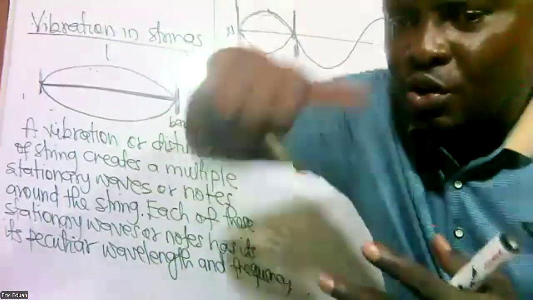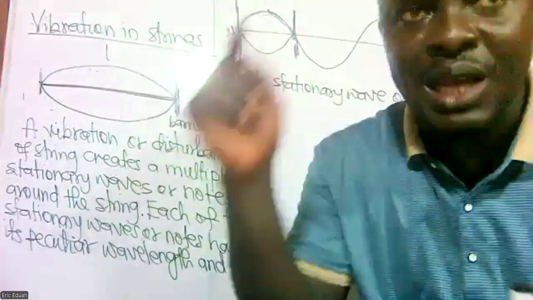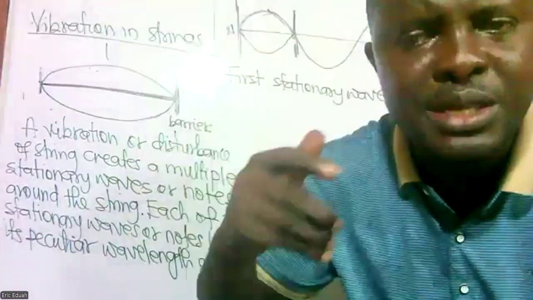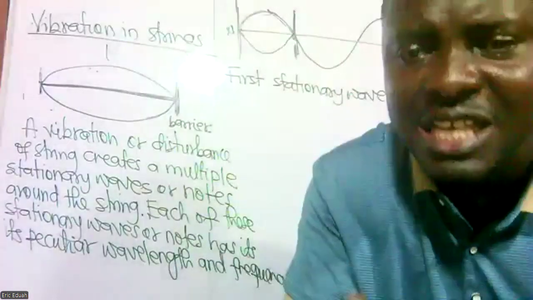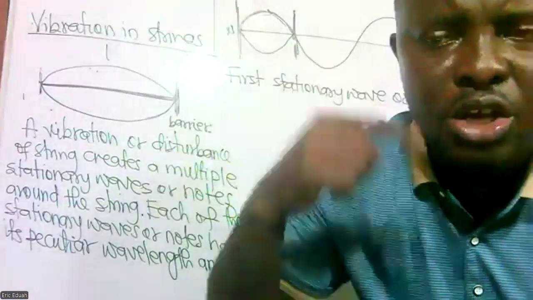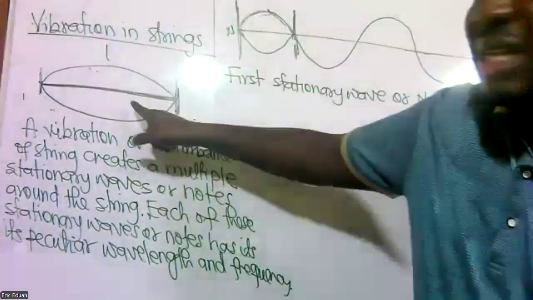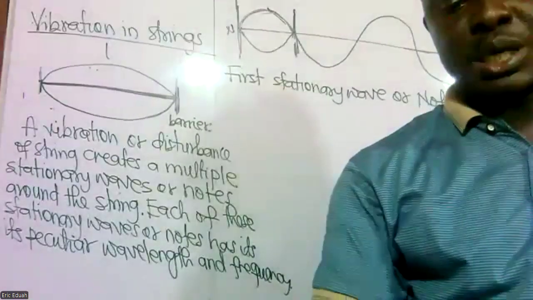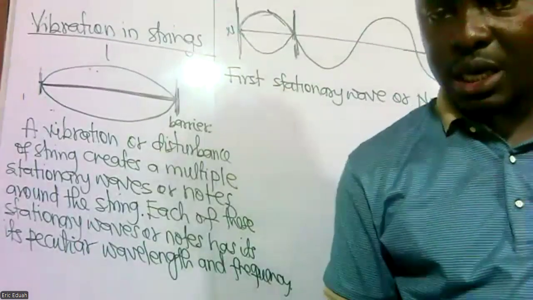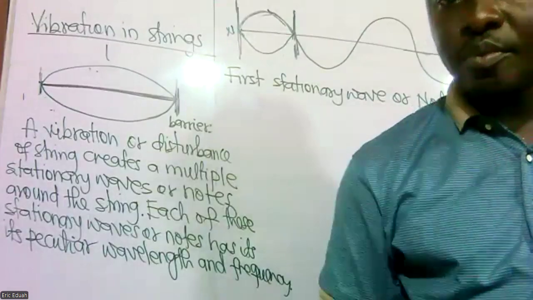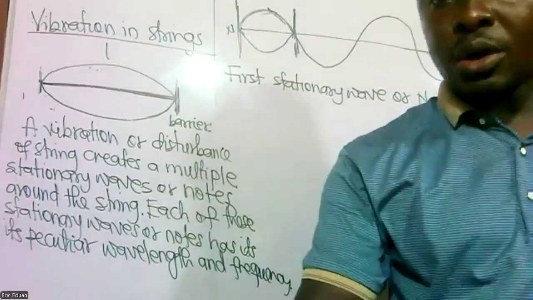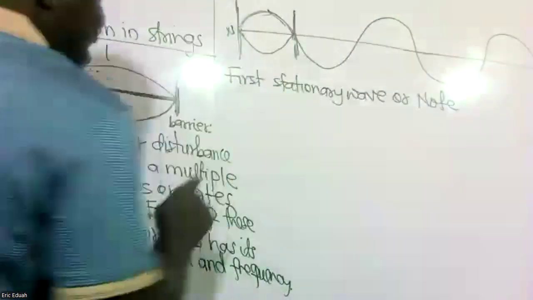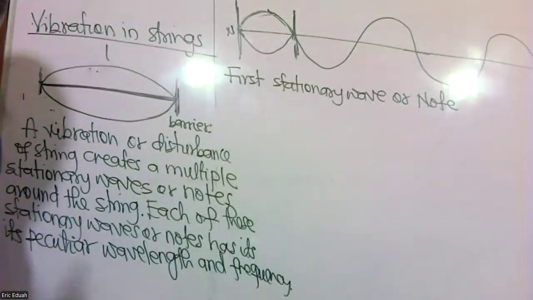But for strings, you hear continuous sound, telling you the sound has multiple stationary waves. So the first possible stationary wave starts from a node and ends at another node. Class, are you okay? Yes, please.